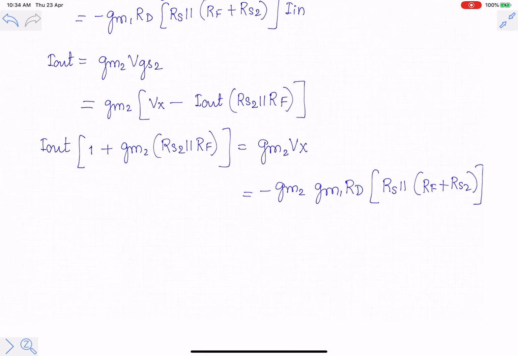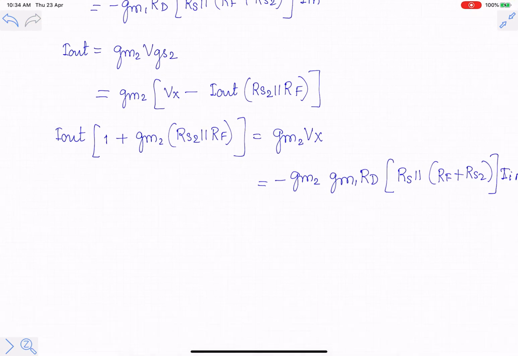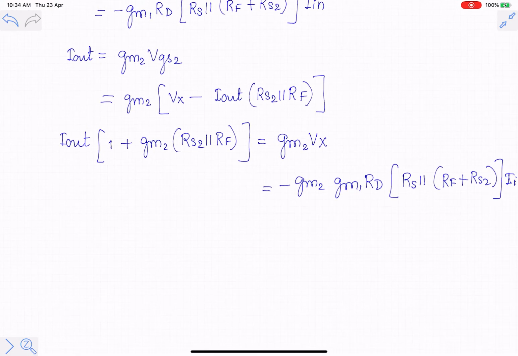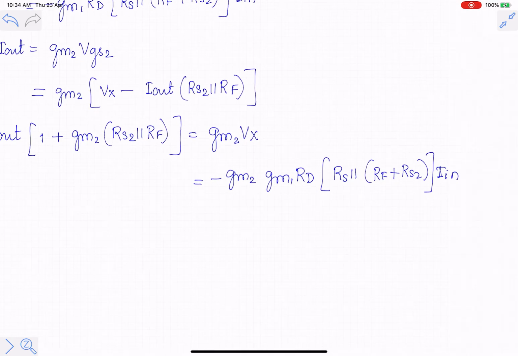So this is the expression for the IOUT. This is the relationship between IOUT and IN.